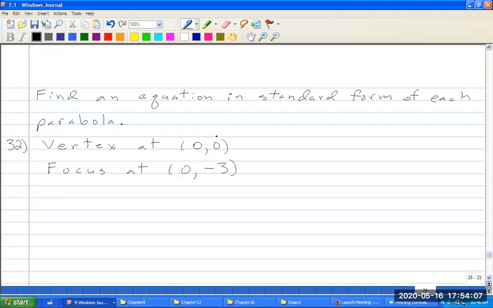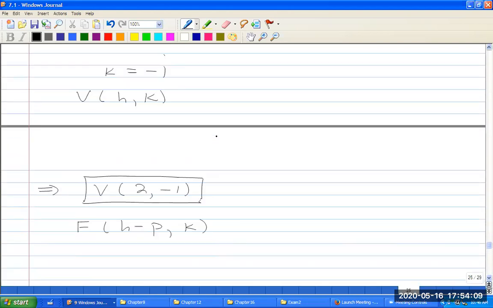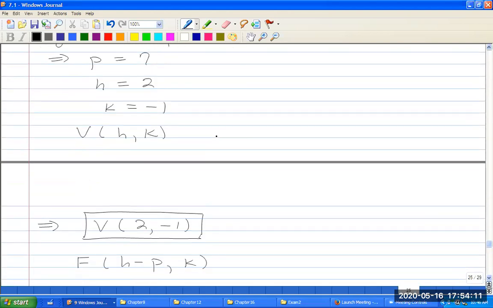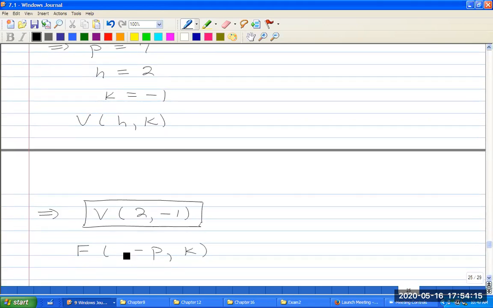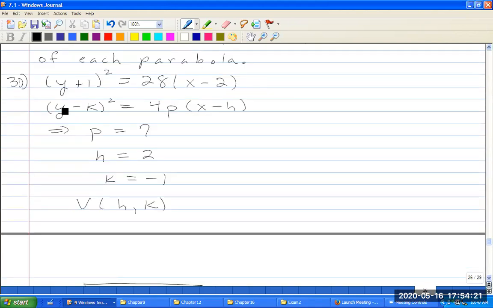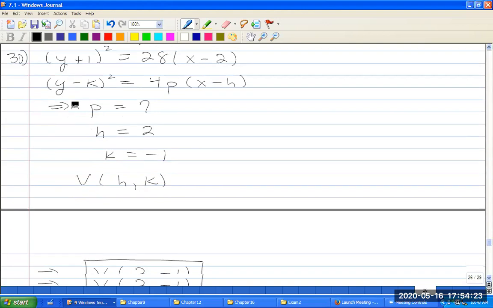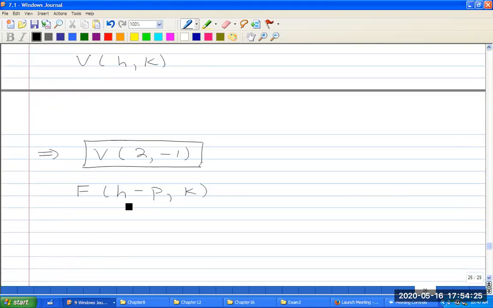Since it's a y squared, I'm going to be doing the changes to the x. So it's x, h minus p.